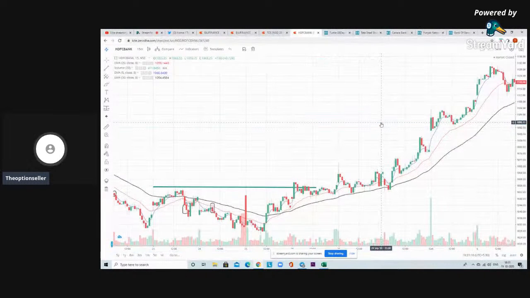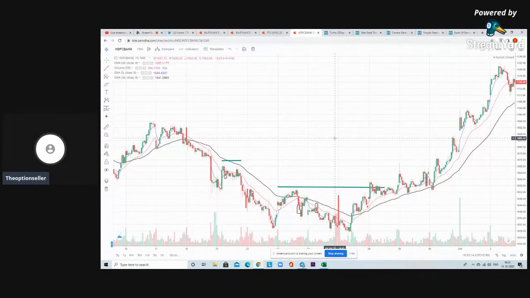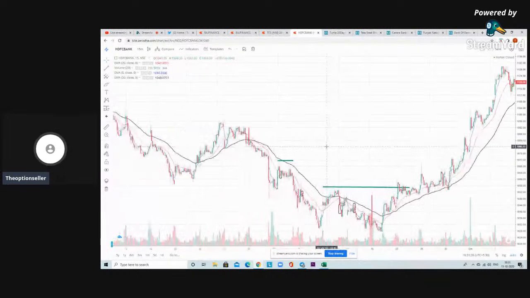Okay, so did you see how this system stops you from taking a counter trend trade? It doesn't let you take a trade against the overall trend. It lets you take a trade only in the direction of the main trend. And that is why this system is very beautiful and successful. If the daily chart is in a downtrend, it will force you to take a short trade on pullbacks.